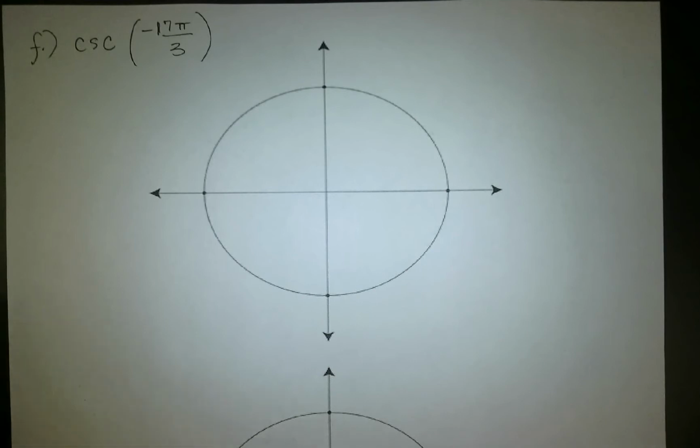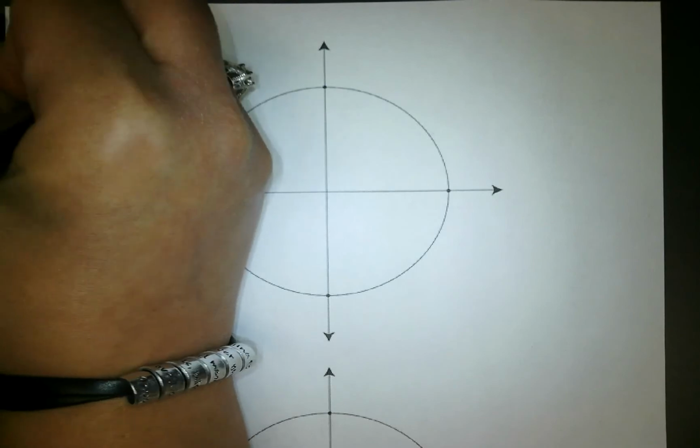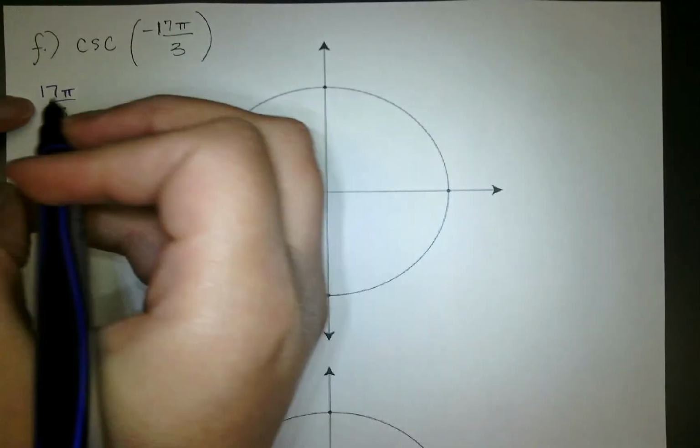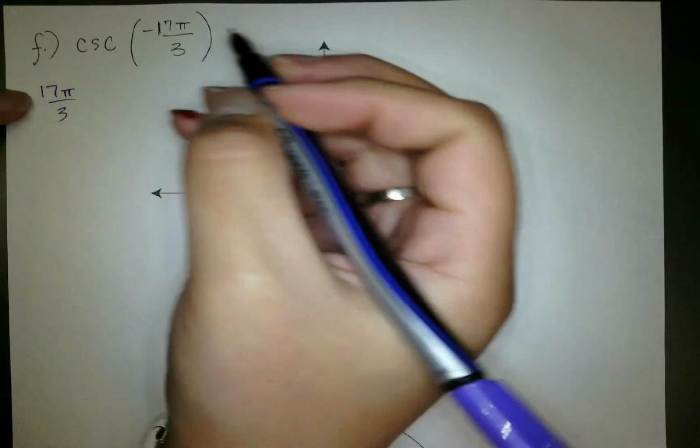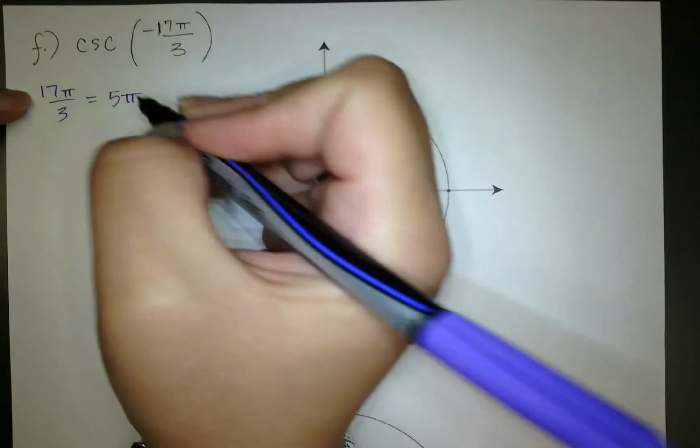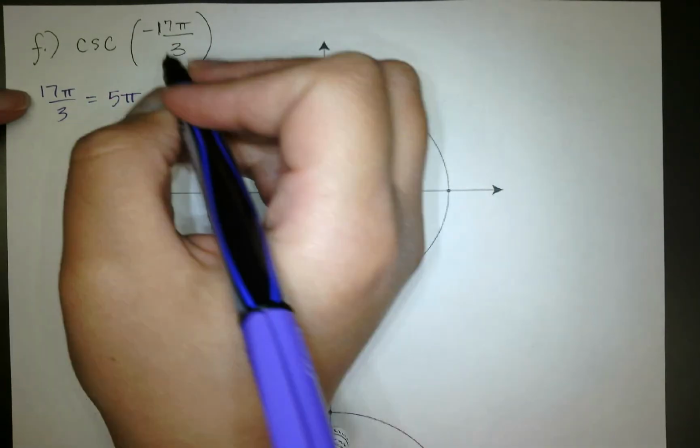Again, I'm going to make this a mixed number. So 17 pi over 3, ignore the negative for right now. 3 goes into 17 how many times? That is 5 times. So 5 whole pi's. And how many left over? 2/3.